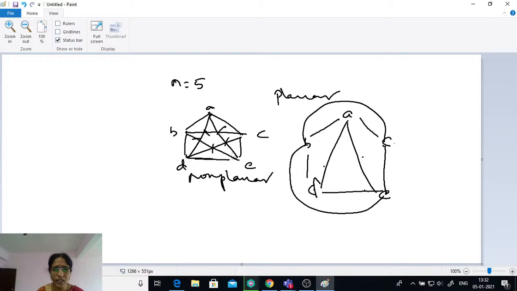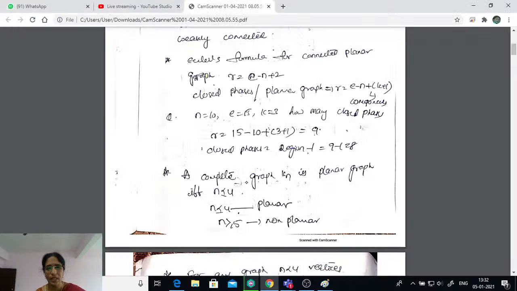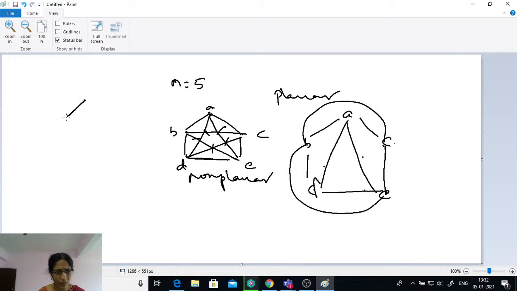So we cannot convert it if the graph contains more than 4 vertices. Suppose that graph is a complete graph, we cannot convert that into a planar graph. That is non-planar only. That means a complete graph Kn is planar if and only if n is less than or equal to 4. If it is not a complete graph, the graph is like this, with A, B, D, E. Now you can convert it into a planar graph.